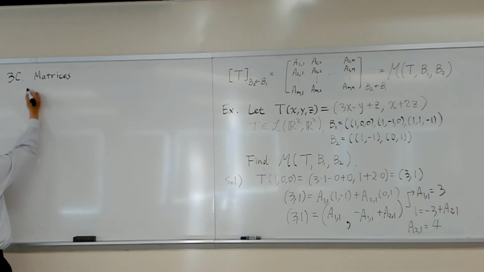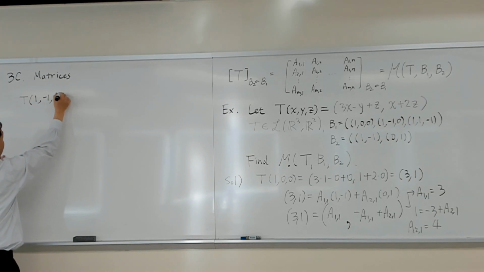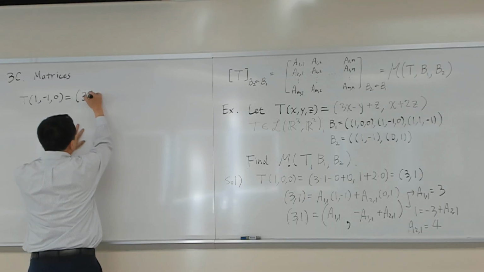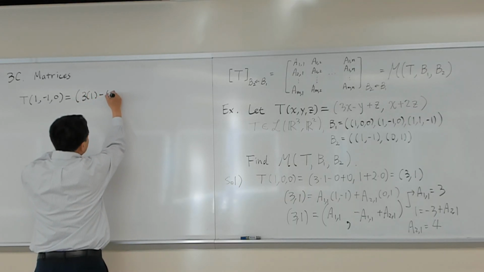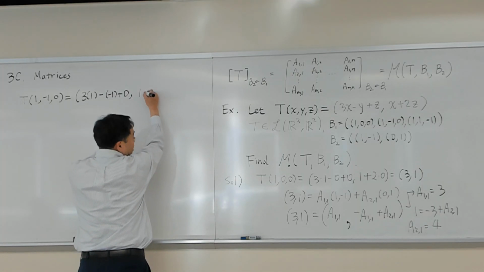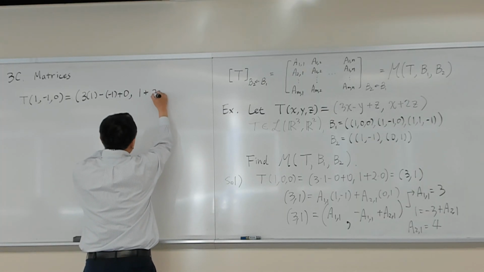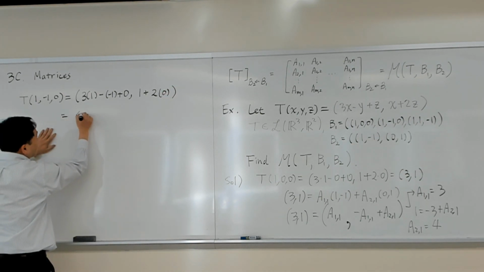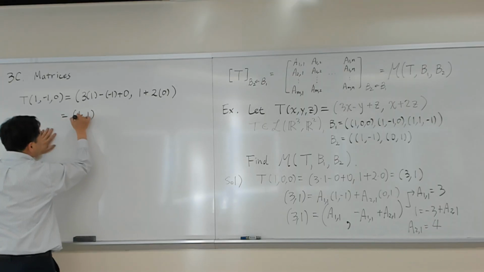We have T of the next guy, which is (1, negative 1, 0). So that's going to be 3 times 1 minus negative 1 plus 0, and then 1 plus 2 times 0, which is (4, 1). Okay.